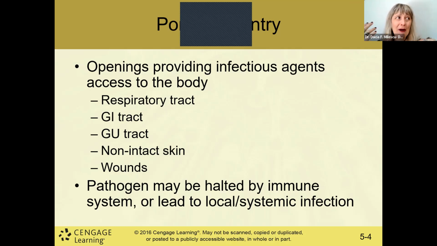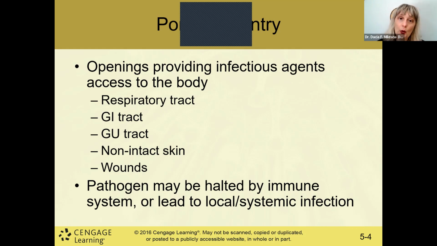Genitourinary tract, there are parasites in a lake that if you go in a lake and you decide to urinate, guess what? The parasite follows the stream of urine and gets inside of you via the genitourinary tract. Oh, the urethra. Terrible, right? What else? Non-intact skin.